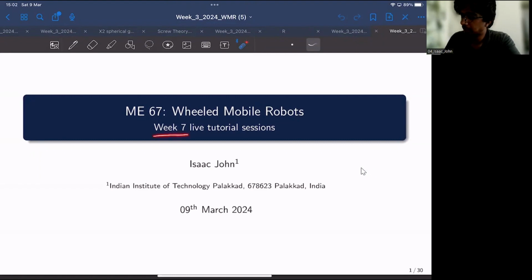Briefly speaking, regarding week 7, we are basically covering the topic of motion controllers for wheel mobile robots. We started by discussing its history, what the recent trends were during each of these decades. Going further into the lectures, we discussed the different kinds of motion control that we could employ.